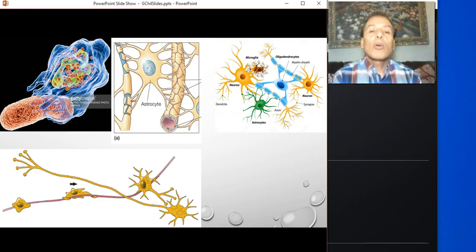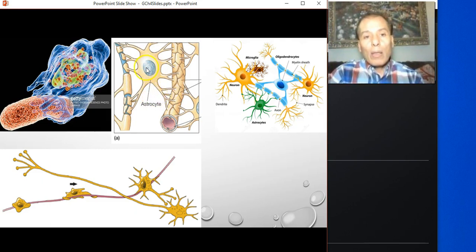We'll speak about only a few of the different kinds of glial cells, and mention the function of each in maybe a sentence or two. You notice here, this is one cell called the astrocyte. Astro means star, and cyte means cell: a cell shaped like a star.